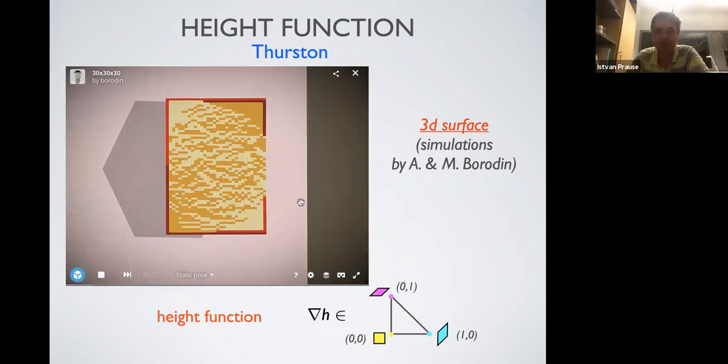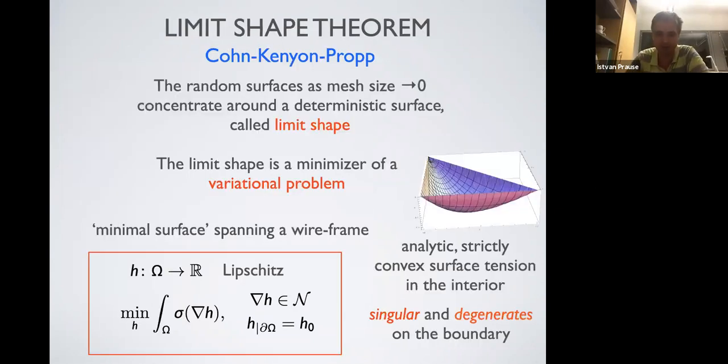Okay, now, what is the limit shape theorem and the associated variational problem? Just like in the case of the 2D Young diagrams, here it says that as we send the mesh size to 0, and the macroscopic scale is something fixed, then for given boundary conditions, the associated random surface lies close to, or concentrates around, a deterministic surface, which we call the limit shape.